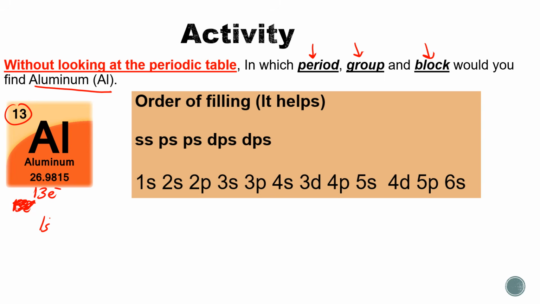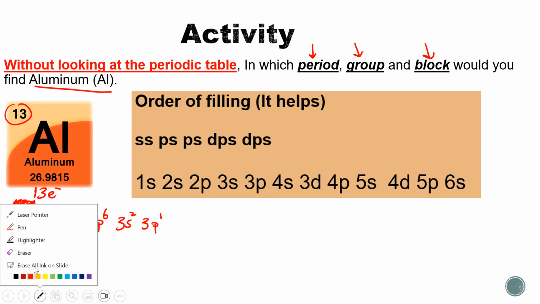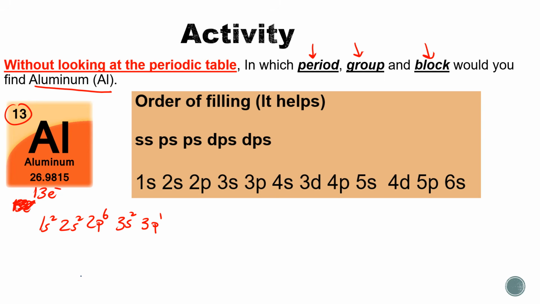So the electron notation is 1s2, 2s2, 2p6, 3s2, 3p1. So you know that to find the period we need the valence energy level, right? And to find the group we need the valence electrons, right?